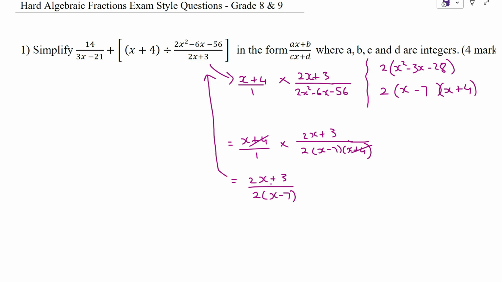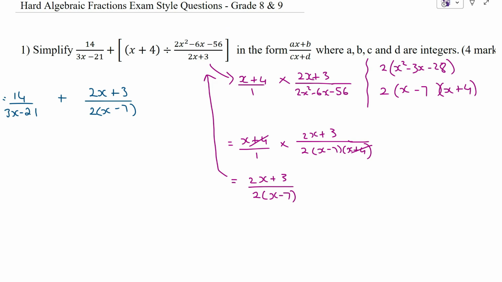So let's go ahead and sub this into the original equation. So we are now left with 14 over 3x minus 21 plus 2x plus 3 over 2x minus 7. And if you notice here, I can see that this denominator can actually be factorized.